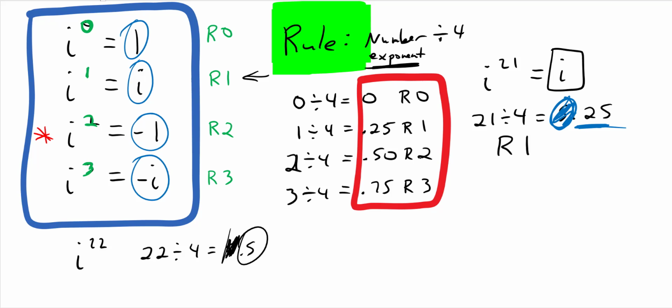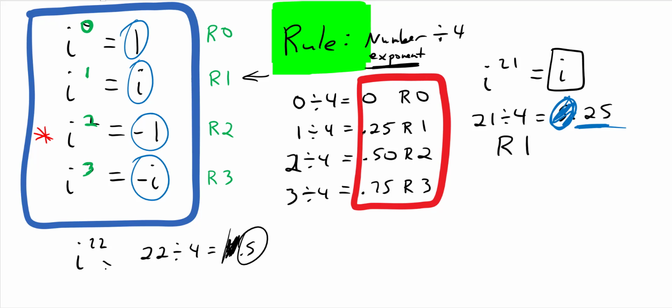Maybe when you did division back in the day in junior high, or whenever you learned division, you said 22 divided by 4 is 5, because that's 20, and then you have 2 left over. That's your remainder of 2. Well, that's kind of what we're doing here, math fans. I understand I have the 0.5, but that's just to help you out. If you want to put that on your note sheet, 0.5 means remainder of 2.